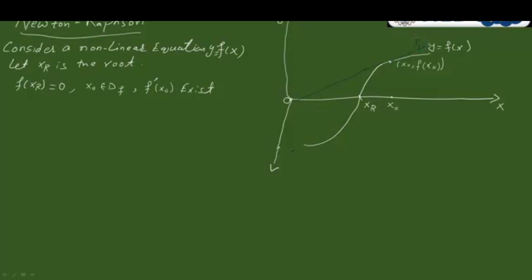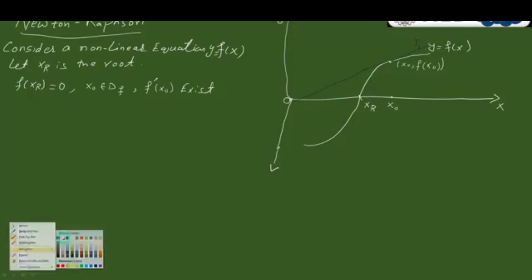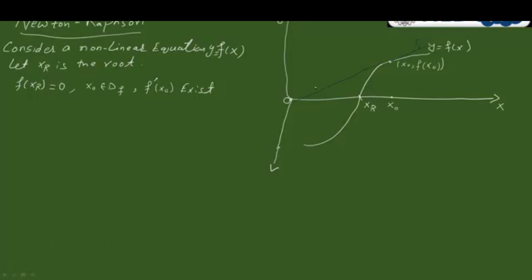I think using the white color for writing is much better, so let's switch back to that. So the tangent is this black or blue line, T1, and it must intersect the x-axis somewhere, as it is not parallel to the x-axis, because we already ensured that the derivative exists. In fact we have not ensured it yet, but we have to make sure that it intersects.